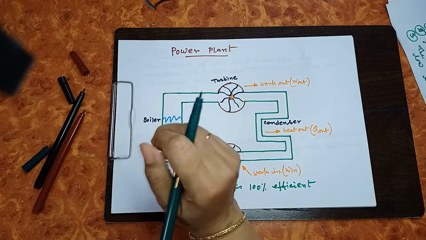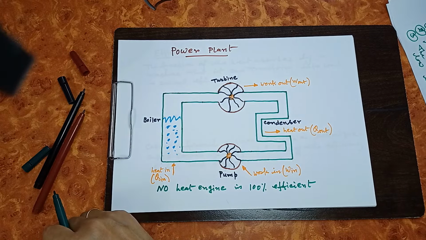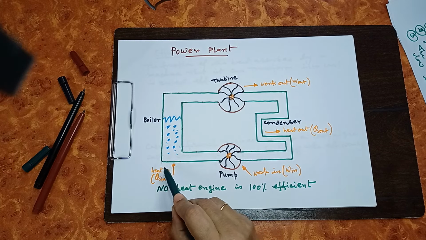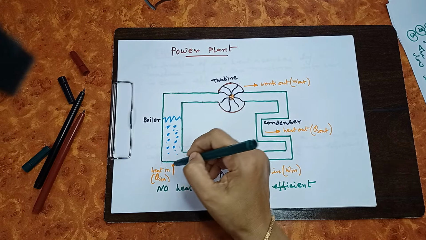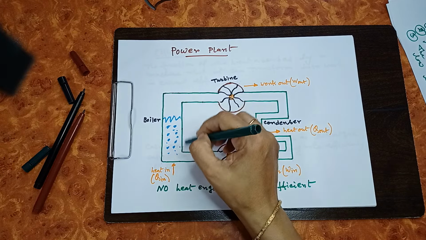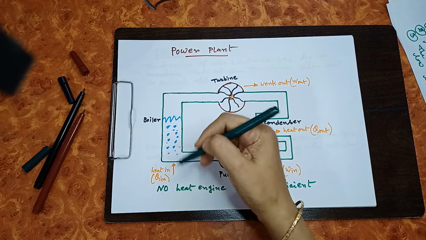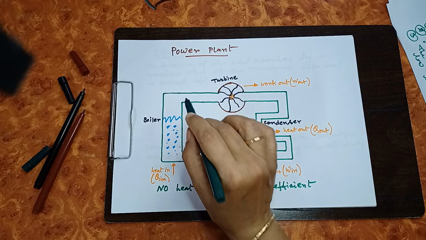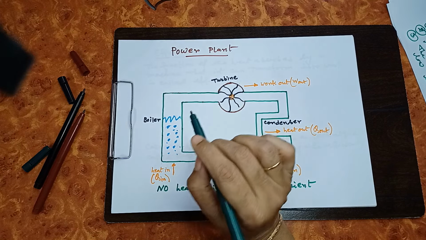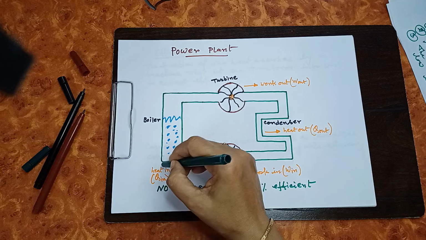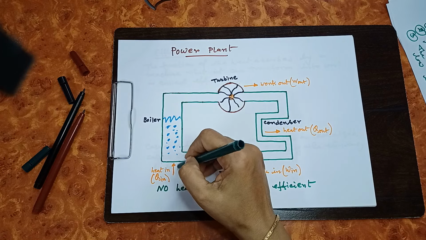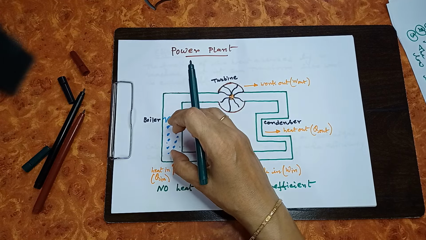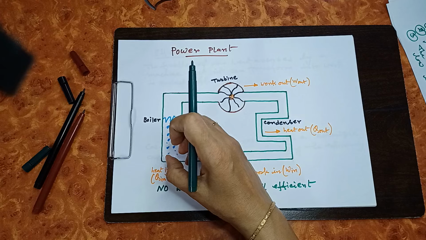Now let us take the example of a power plant. In the power plant, this is the heat source, which is the furnace. From the furnace, heat goes to the boiler, where water is boiled and steam is generated, and the steam acts as the working substance in the heat engine. So heat from the furnace is transferred to the boiler, that means the water is absorbing the heat.